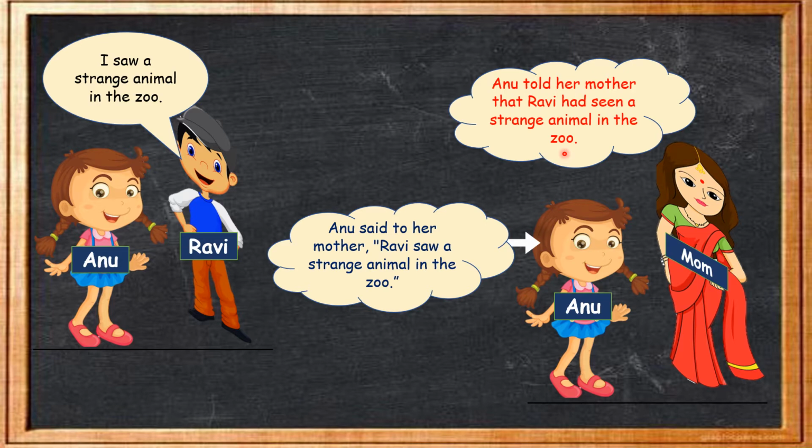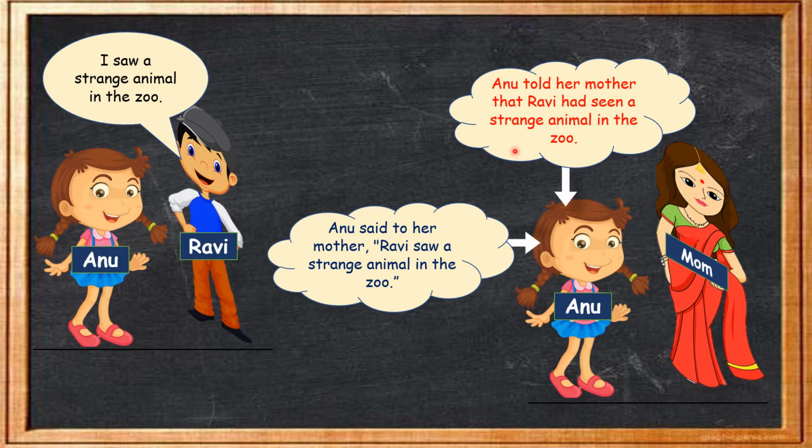Anu shared Ravi's words in her own words. She has conveyed the exact meaning but not with exact words. So what did she say to her mother? She told her mother that Ravi had seen a strange animal in the zoo.